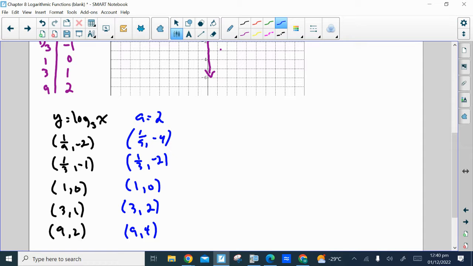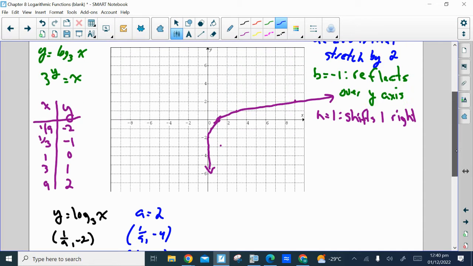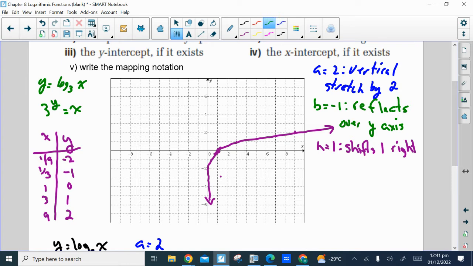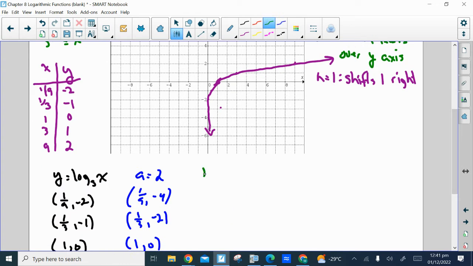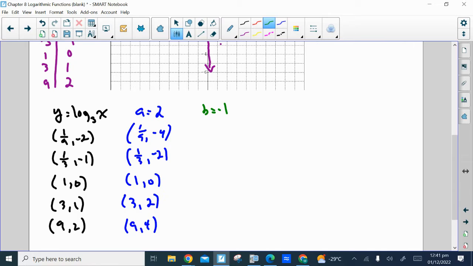Our next one was a b value of negative 1. We reflect it over the y-axis, so all the x values will be multiplied by negative 1.